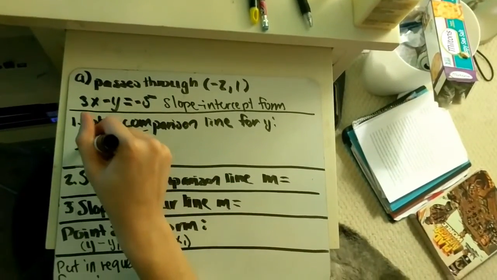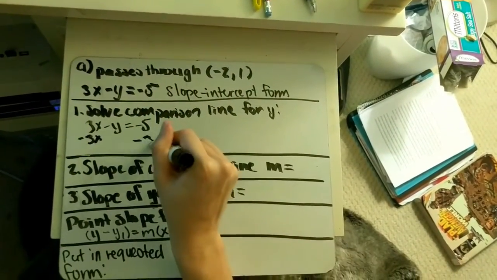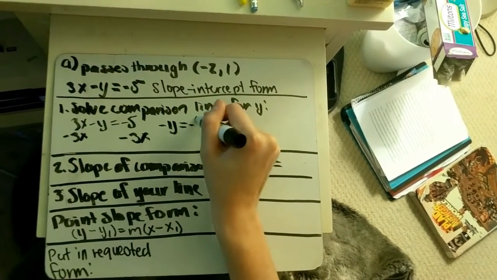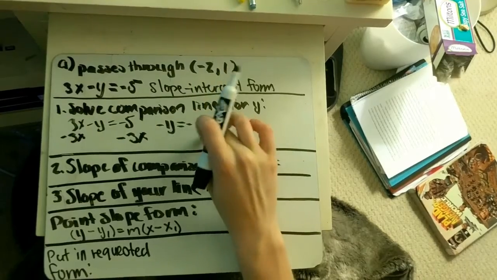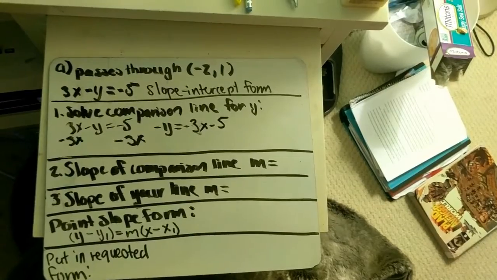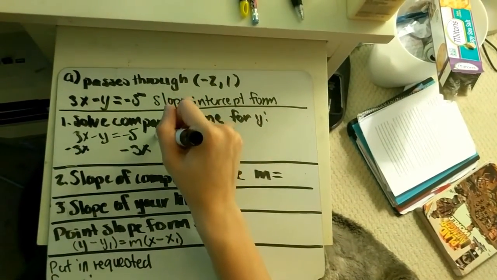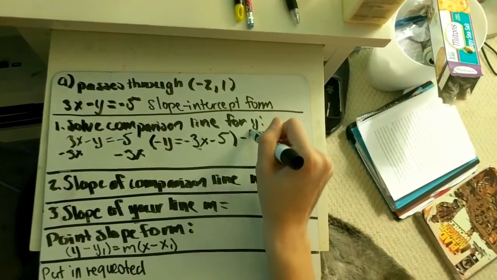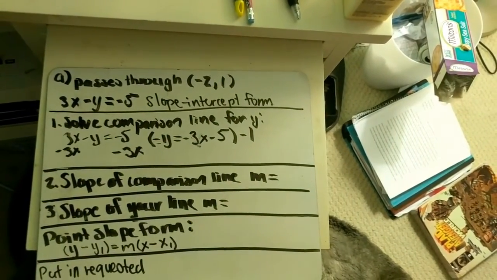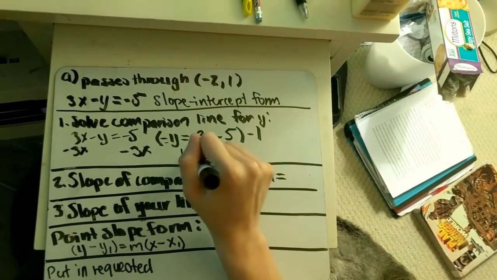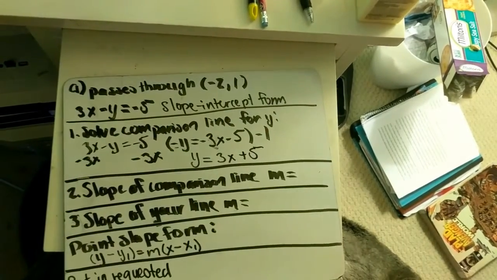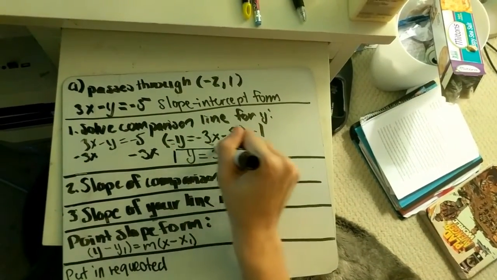We subtract 3x from both sides, and that will be negative y is equal to negative 3x minus 5. Then we multiply the whole equation by negative because we want to get rid of the negative on the y. That will be our new equation.